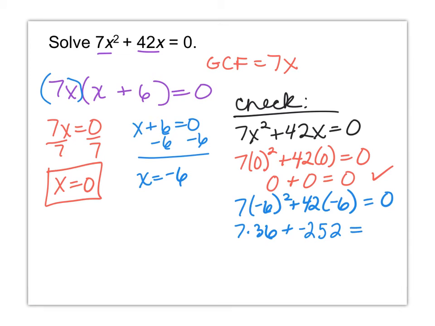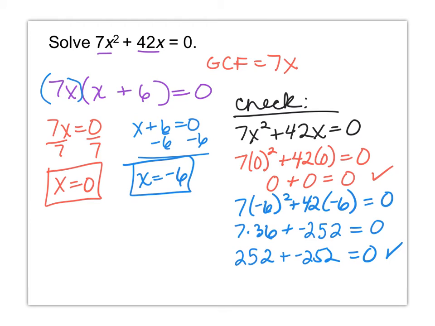We want to know if the left side of the equation is equal to 0. And then 7 times 36 is 252, plus a negative 252, that does equal 0, so that is also a solution to the original equation. We can write our answer as the two separate x values. We can also use the set notation to denote that 0 and negative 6 are both solutions to that equation.